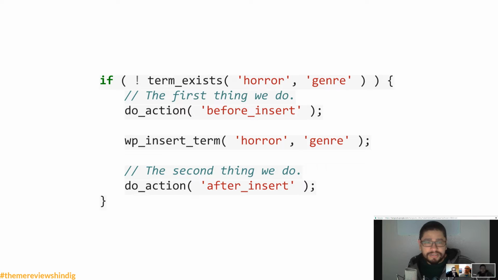WordPress core does this, and it does this a lot on certain things. For example, if you actually look at the documentation that is in the Google Docs, you'll see a bunch of them. wp_head and wp_enqueue_scripts, after_insert_theme, those are actions at a specified time when the page loads. That's all it is.